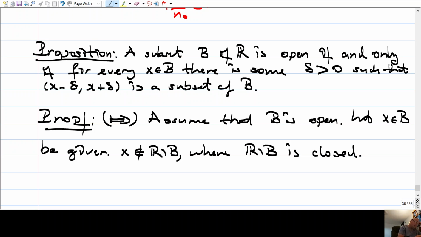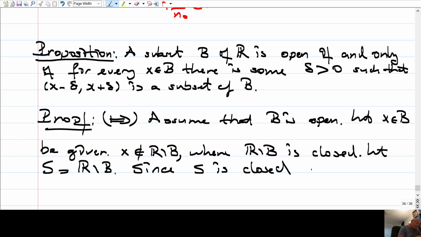So let's call this set S. Let S be this set R minus B. Since B is open, R minus B is closed, and x is not in S. Since S is closed, S prime, the set of accumulation points, is contained in S, and thus x cannot be an accumulation point of S, right?